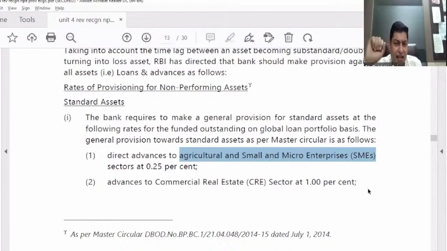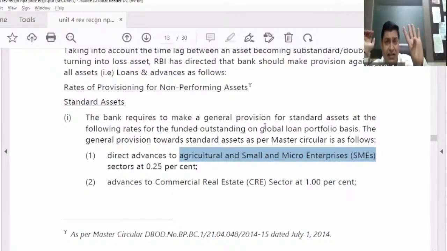If it is CRE, real estate, then 1 percentage. But sir, if it is CRE but in the housing sector, CRE-H, then a little bit less, 0.75 percentage. And if nothing is specified in the question, simply says standard assets, no specification, then the standard rate, that is 0.40 percentage, should be considered.